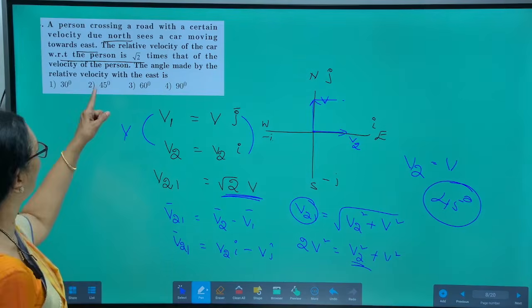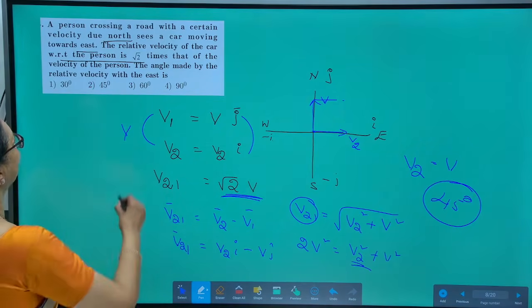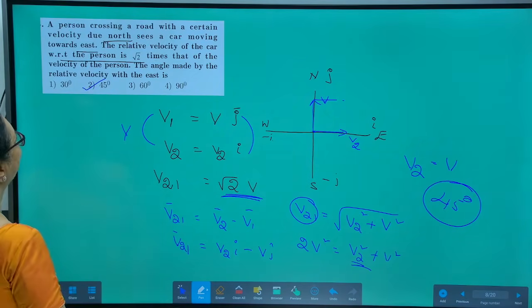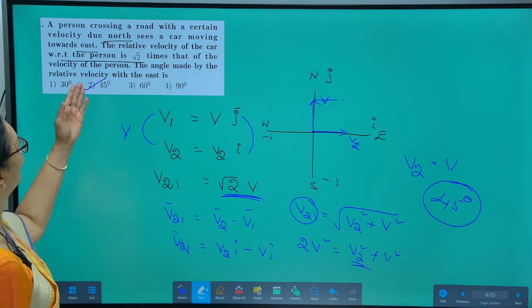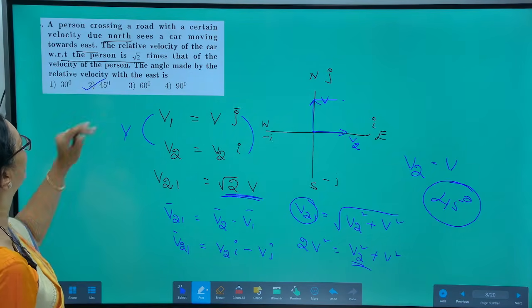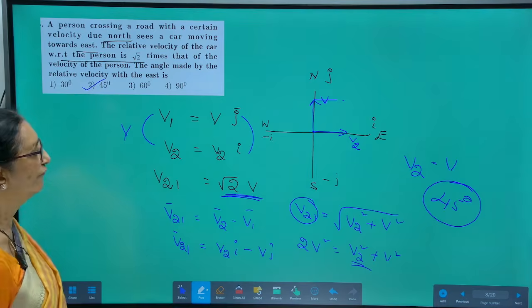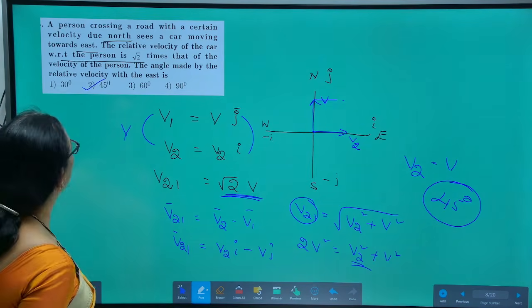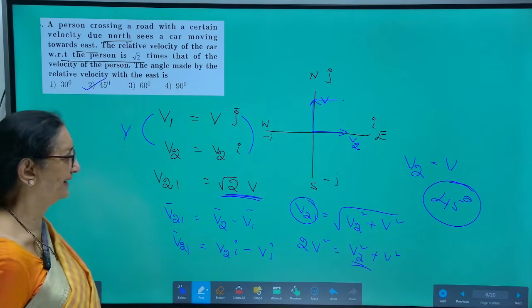So, the angle made by the relative velocity with the east, that he asked, with both the directions it makes an angle 45 degrees. So, the answer for that is 45 degrees.